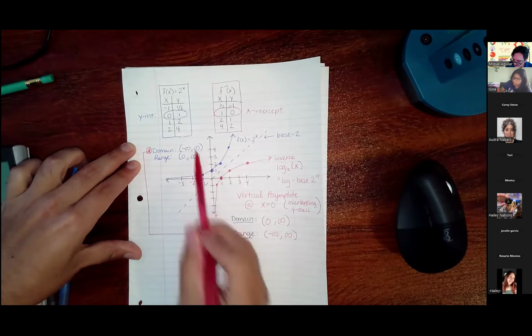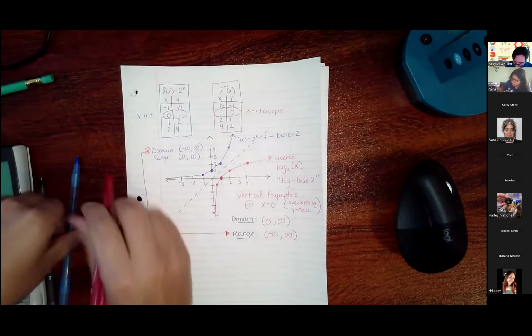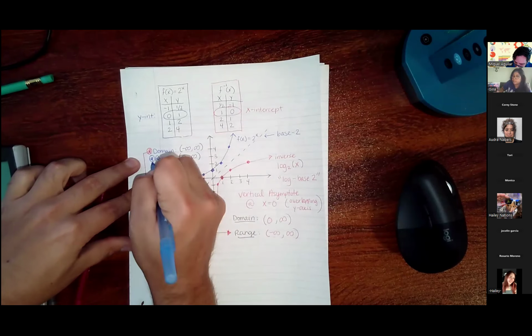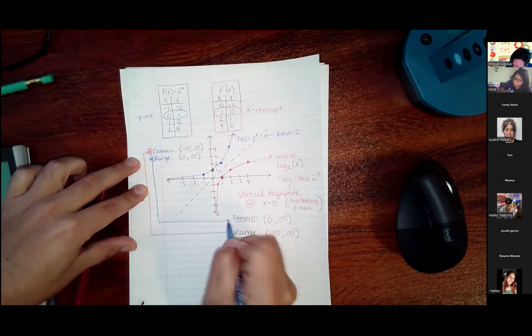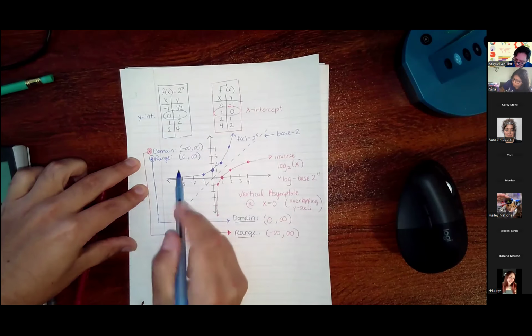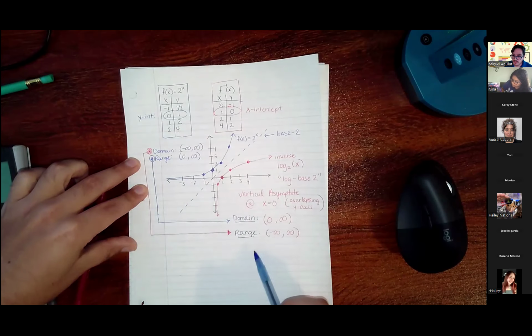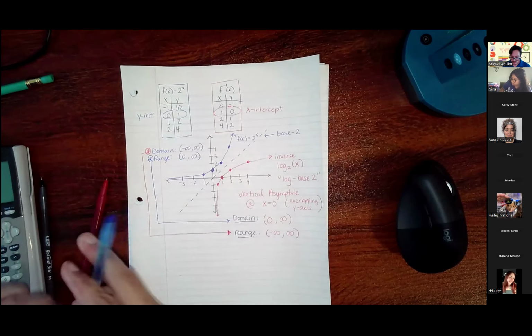Negative infinity to positive infinity, negative infinity to positive infinity. And then the range of the original function becomes the domain of the inverse. And you can see that those are the same. 0 to infinity, 0 to infinity. So their domain and ranges get swapped.